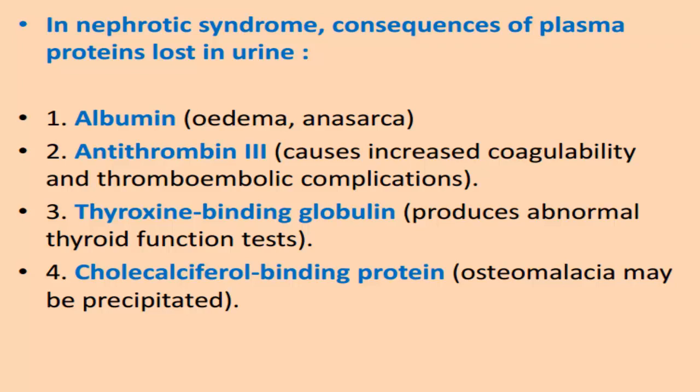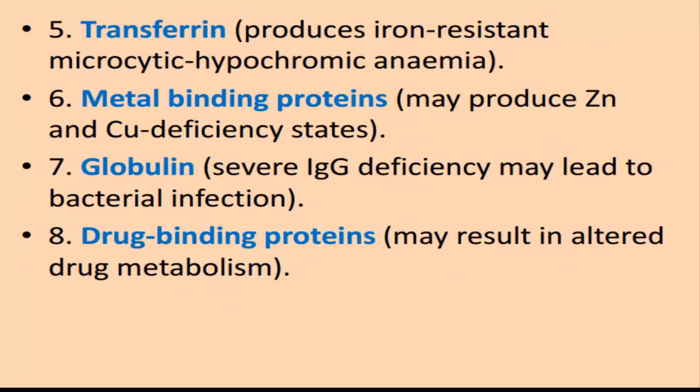Number 3, loss of thyroxine binding globulin produces abnormal thyroid function test. Number 4, loss of cholecalciferol binding protein causes osteomalacia. Number 5, loss of transferrin produces iron resistant microcytic hypochromic anemia.